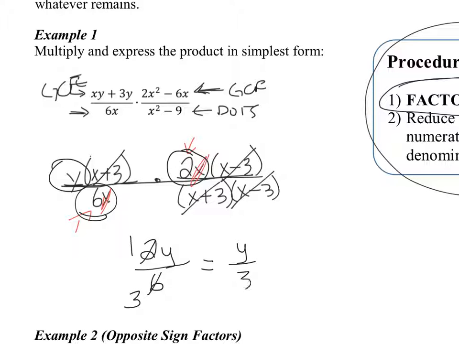So we get y over 3, or 1y over 3 if you want. Now you could have done that here. Same thing. Just sometimes you forget. Make sure you check that your fraction has been totally reduced, that there's no numbers or factors that can still be reduced.